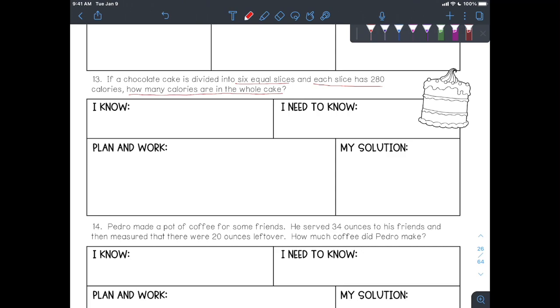But the same rules apply. They told me 280 calories per slice. And I want to change into an entire cake.